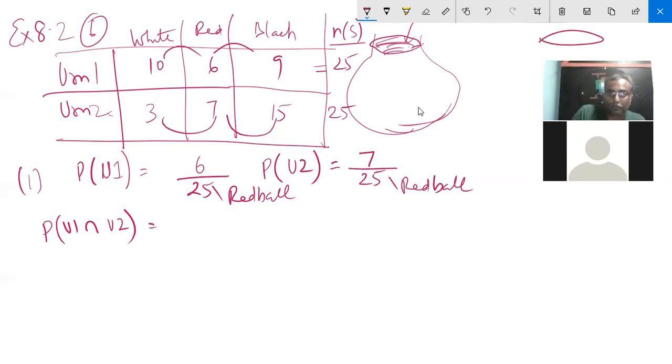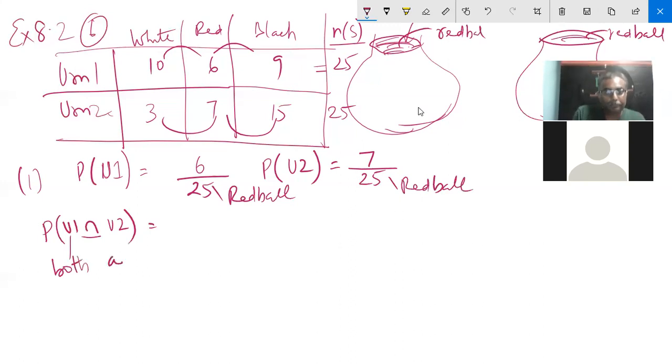Understood? Red ball coming from here, red ball coming from here. Now what you have to do? You have to take intersection, because intersection means both, and. Both the first urn and the second urn have red balls. That's the meaning. Okay, U1 intersection U2.